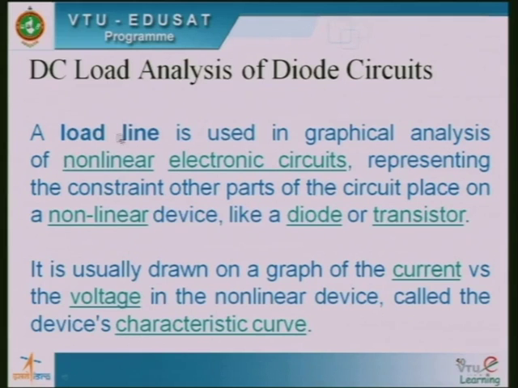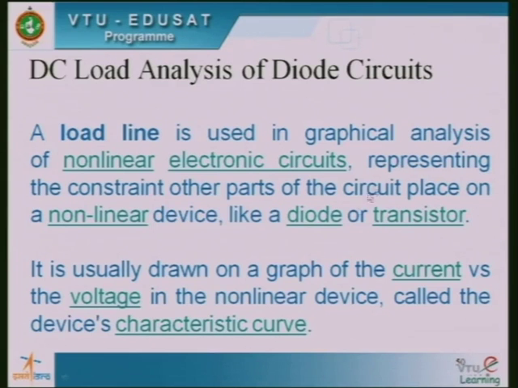A load line is used in graphical analysis of nonlinear electronic circuits, that is, electronic circuits containing nonlinear devices. We know that a diode is one of the nonlinear devices having nonlinear VI characteristics.